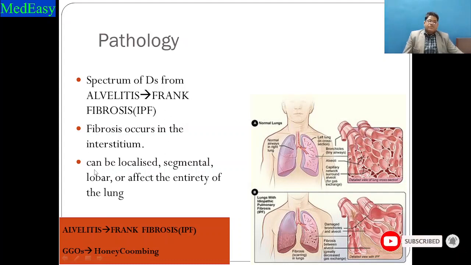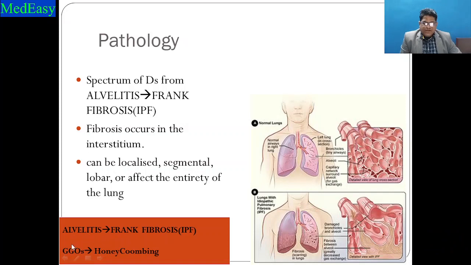This fibrosis can be localized, segmental, lobar, or affect the entire lung. Here we can see a normal lung, but what happens in idiopathic pulmonary fibrosis? All the scar tissue, the fibrosis tissue around the alveoli, causes ventilation perfusion mismatch and diffusion limitation.